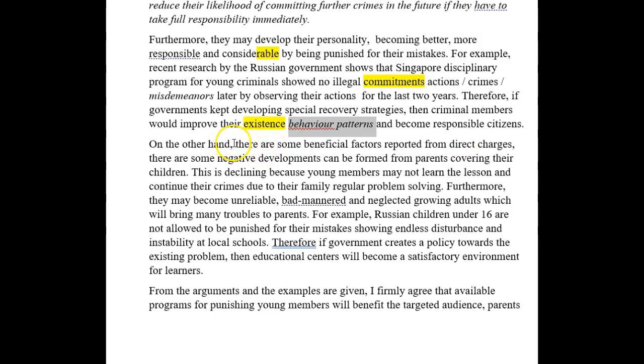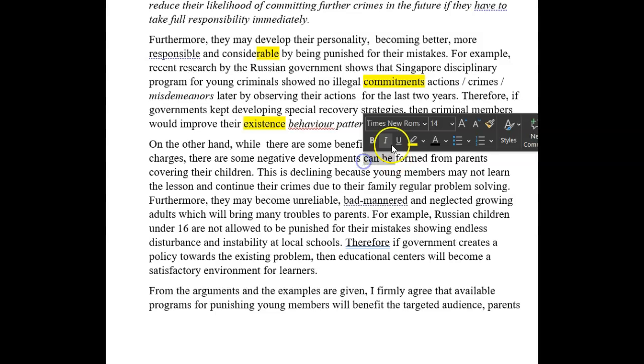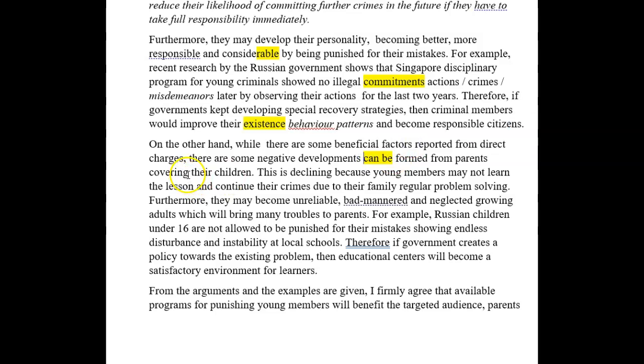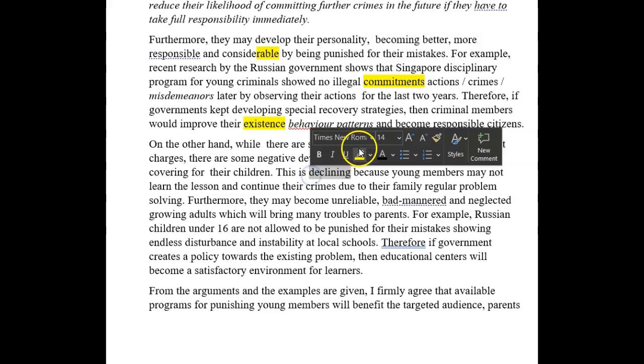I think you need to have a while: while there are some beneficial factors reported from direct charges, so the children, there are some negative developments formed from parents covering for their children. This is declining. You mean they're not covering for their parents anymore? I'd take out that word. I'm not sure it's helping you.